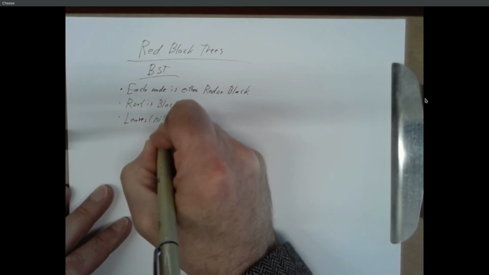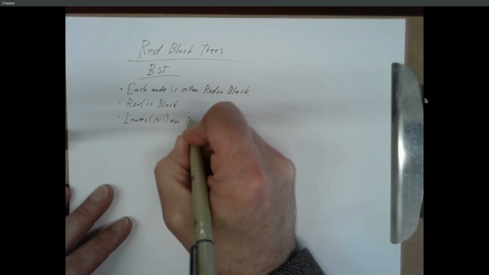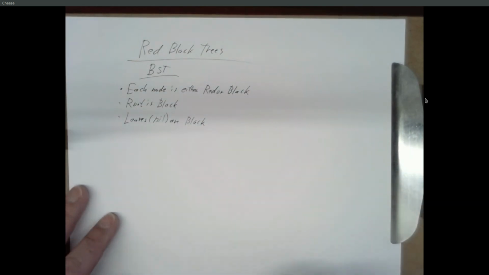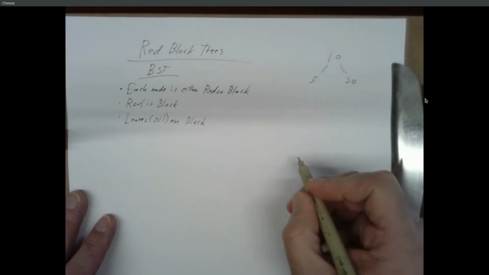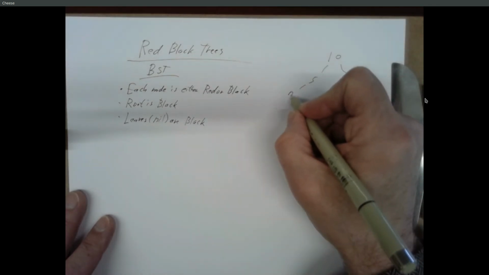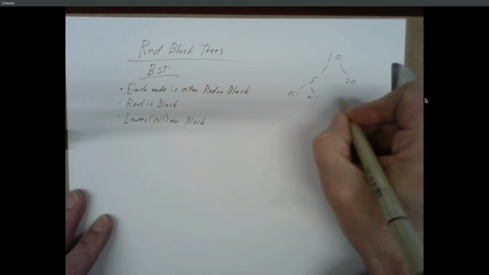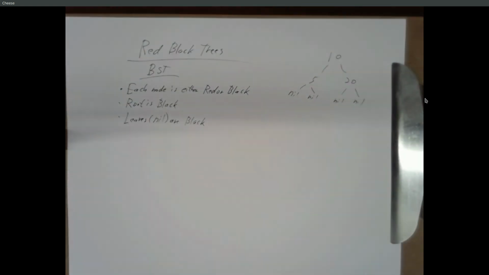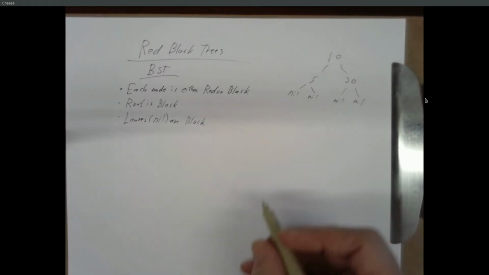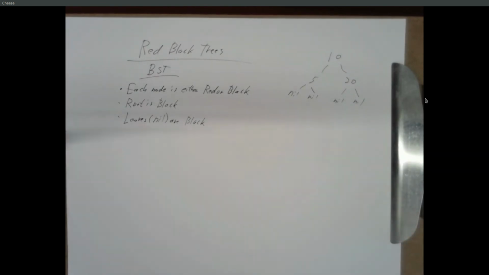Leaves, which are always nil, are black. So we draw these trees a little differently. If you have a tree like 10, 5, 20, we imagine that there are these extra nodes off of here called nil. It's our null pointer basically, but we consider those to be nodes. And we do that because we want nil leaves to be black, so we just color these black.